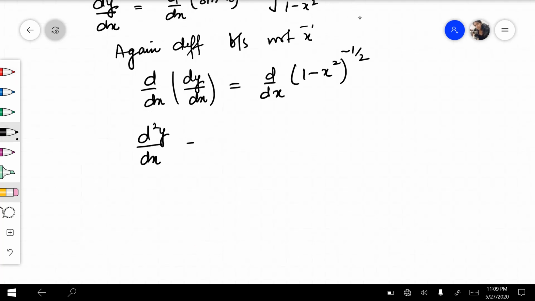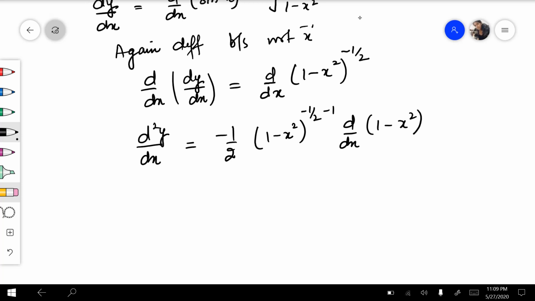Actually again just see, this is x raised to power n form, so it is n into 1 minus x square raised to power n minus 1 into d by dx of internal term, that is by chain rule, which is equal to minus 1 by 2 into 1 minus x square raised to power minus 3 by 2 into derivative of 1 is 0 and derivative of x square is 2x.